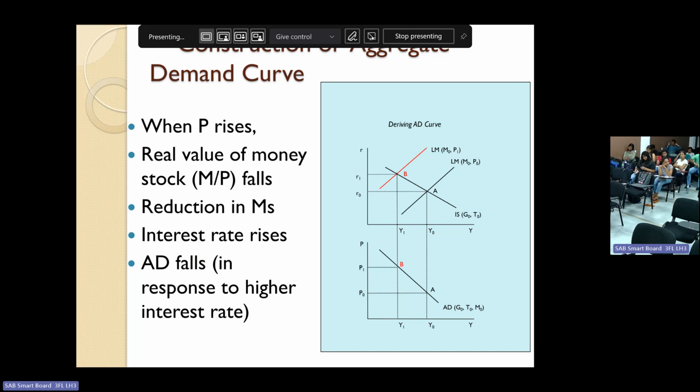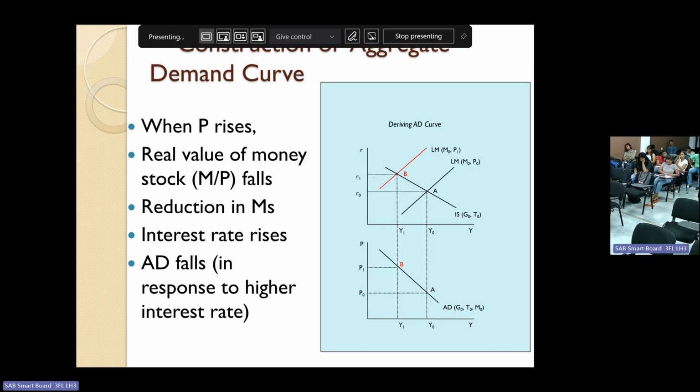When the money market rates increase, there is a change in the aggregate demand due to declining investment demand. That will reduce the income level from Y0 to Y1. That's why when the prices increase, income decreases. So there's a negative relationship between the price and the income, which is explained by the aggregate demand curve.